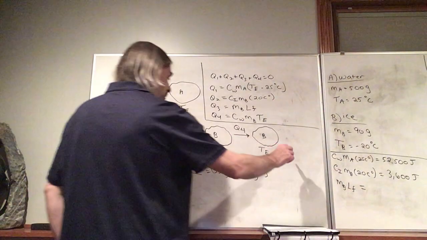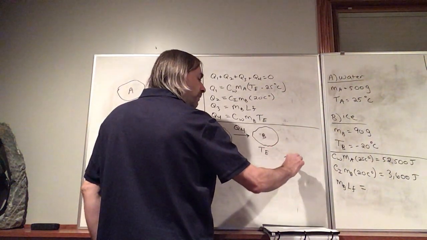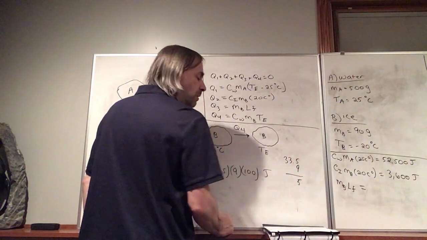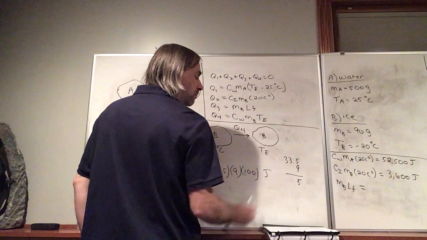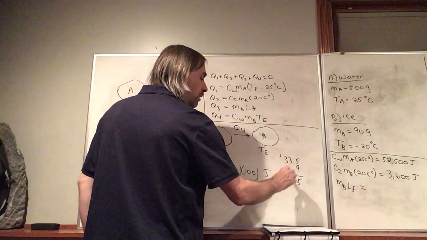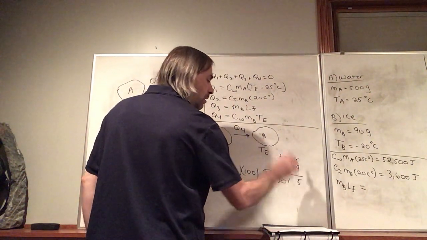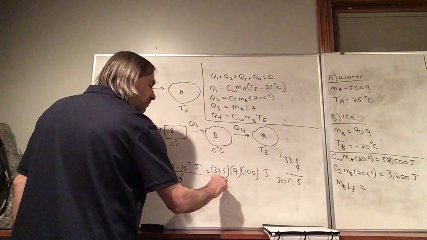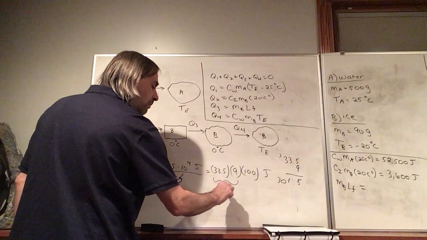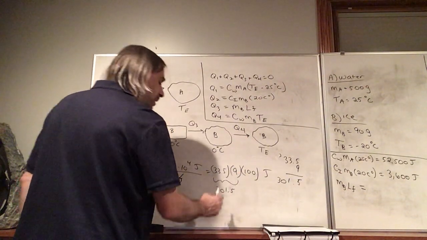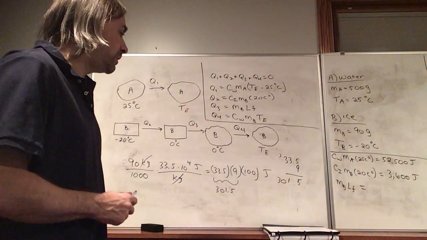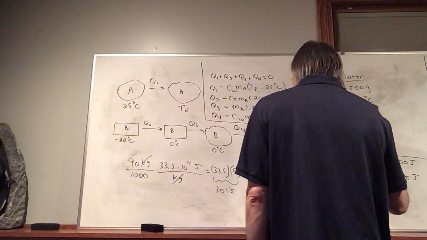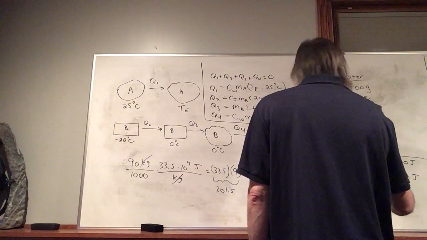So I'm just going to multiply this. 33.5 times 9. So it'll be 301.5. And then times 100. So we've got 30150.